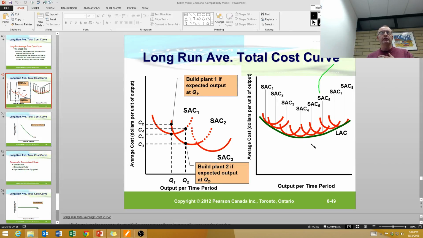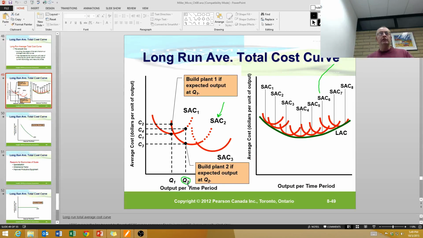So when the firm wants to pick its optimal plant size, it picks the plant size whose short-run average cost curve is at a minimum point at the target quantity of output. That's supposed to be the minimum point. I don't think it is, but anyways.